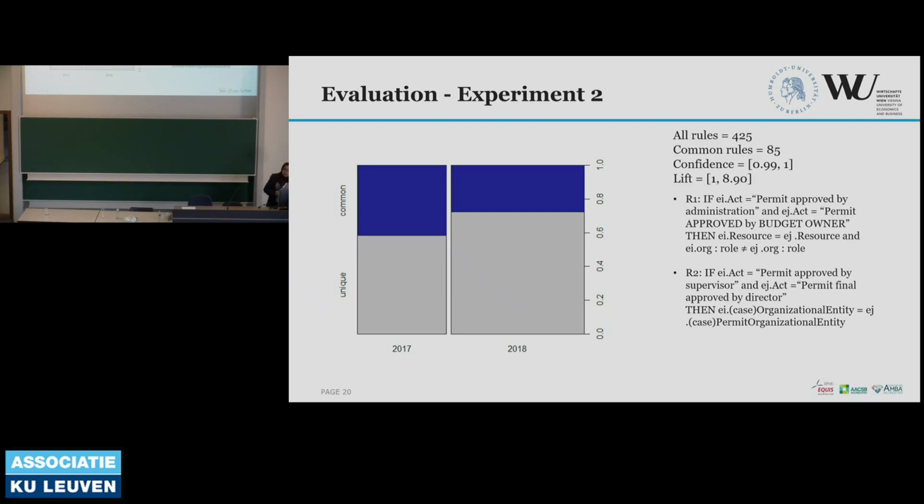And we found that the first rule, where we have permanent approved by administration and permanent approved by budget owner, and they have the same resource, but there is a difference over the organization role for them. This rule is applied in 24% of the cases in 2018, but it's never applied in 2017.